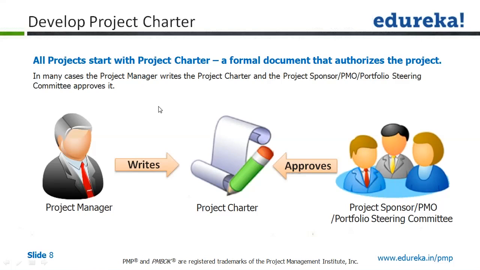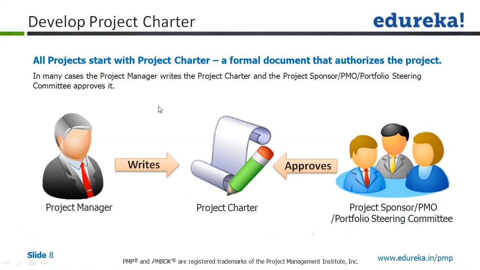Another question is, why is the PMO name coming into the picture to approve the project charter? There are organizations in which there is a centralized body, which is the PMO. They have been given the task of starting up new projects because that's the formal governance available in an organization to deal with projects. So in all those cases, they make the project management office the sponsor. That depends on the different organization styles.